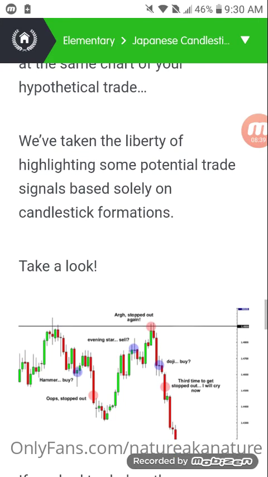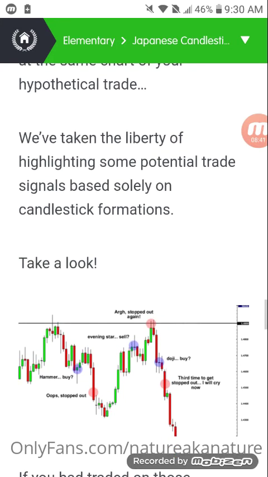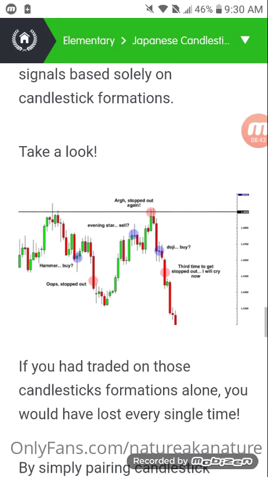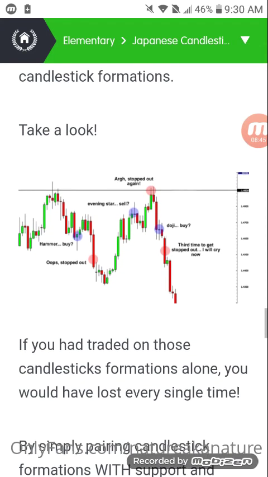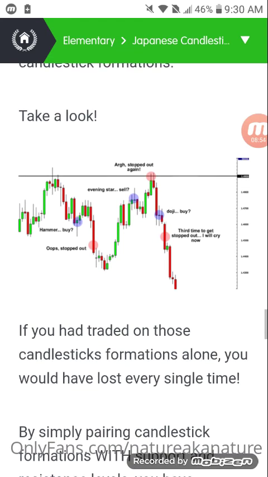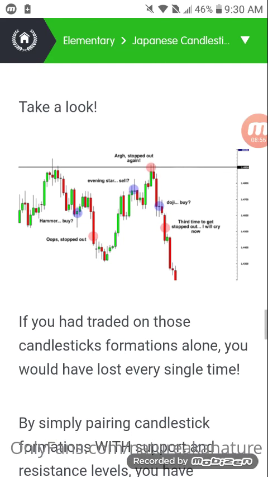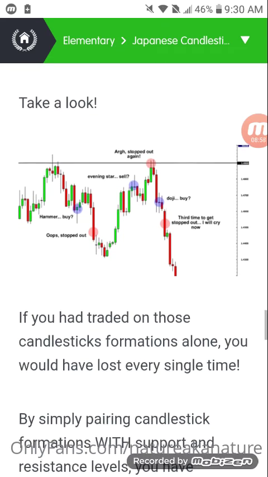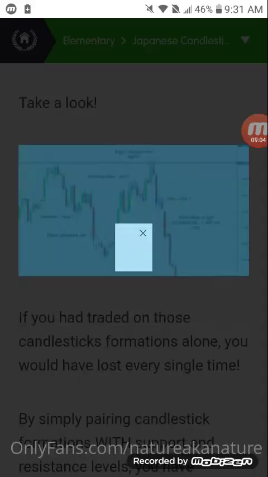Okay, so this is what happens when you just go off of candlestick formations. Let's see how you would have lost a lot of money, because you would have thought it was going down, and we should have waited to see what overall price wanted to do before heading in that direction. If you trade on those candlestick formations alone, you will lose every single time.